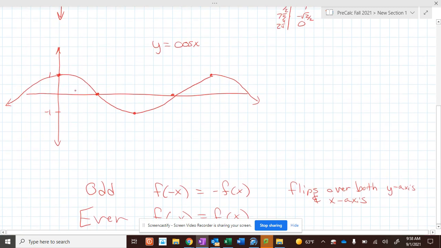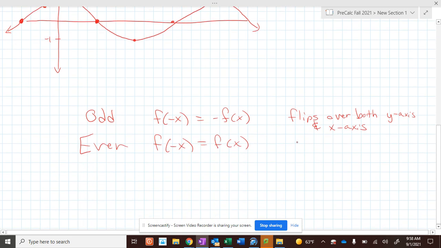So at pi over 2, I'm at 0. At negative pi over 2, I'm also at 0. It's like the mirror image. At pi over 4, I'm here. At negative pi over 4, I'm here. Okay? It's the mirror image on each side. So this just flips over the y-axis.